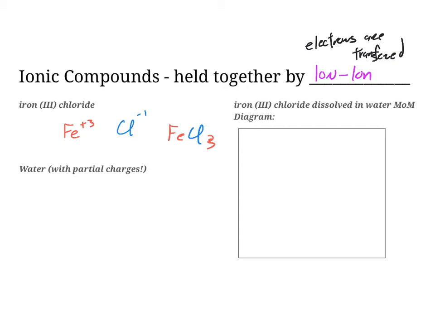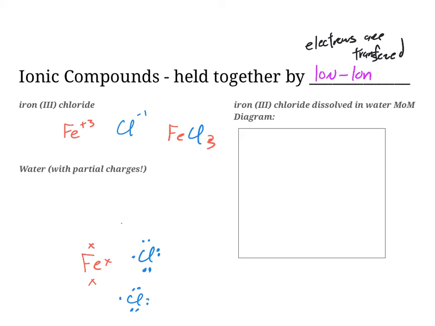Okay, so what that would actually look like, and I'm going to draw it down here, is that Fe would have 3 electrons, and chlorine would have its 7 electrons, and there'd be 3 of them.